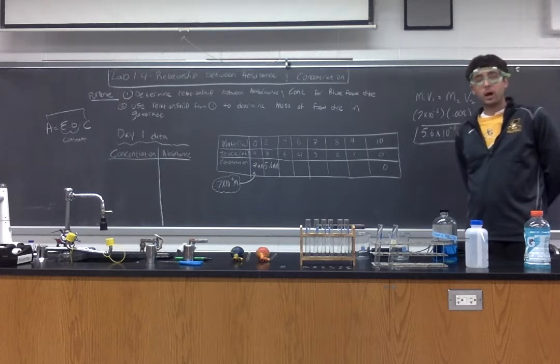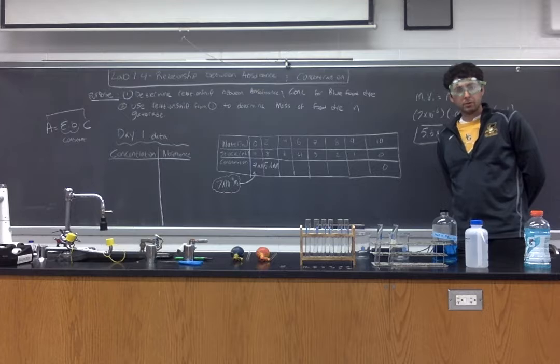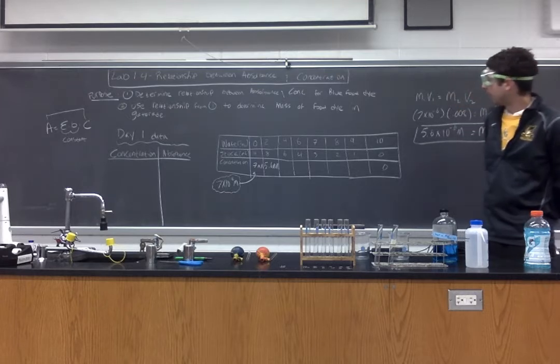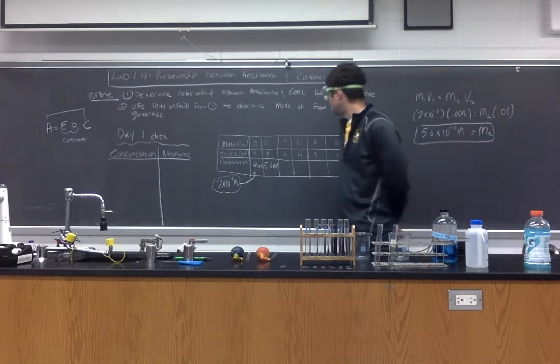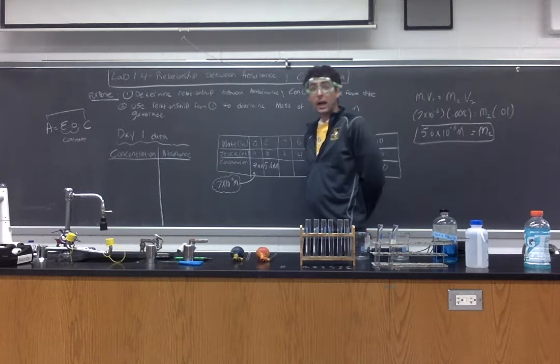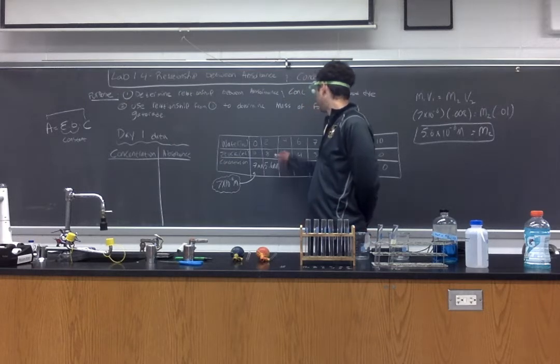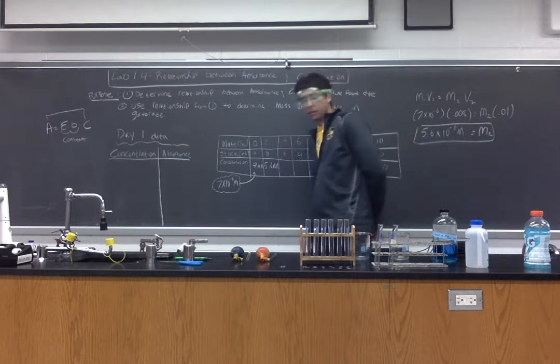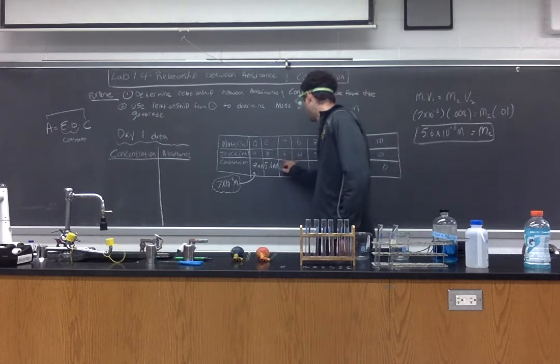After crunching through all of the calculations, you should see that the following concentrations will exist after our dilutions. With 4 milliliters of water and 6 milliliters of stock, we will see a concentration of 4.2 micromolar.